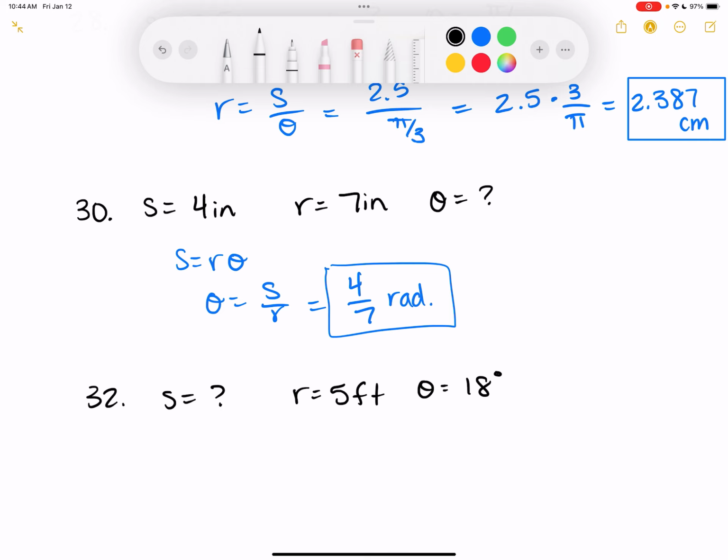You can either convert theta before, or we can use the modified formula that has the pi and the 180 in it. Which way would y'all prefer to do it? Maybe try both. Whichever's easier. The one where it's already in the formula is less work, but they're equally the same difficulty.